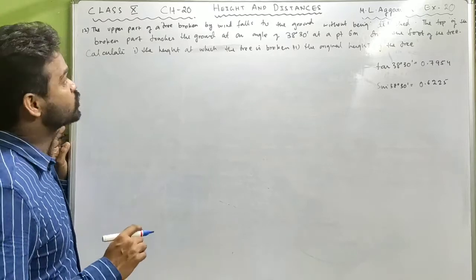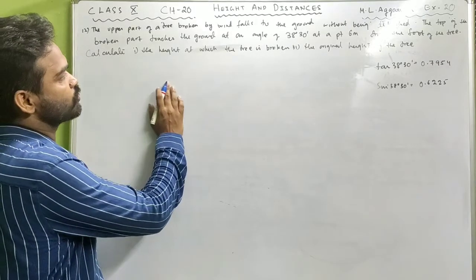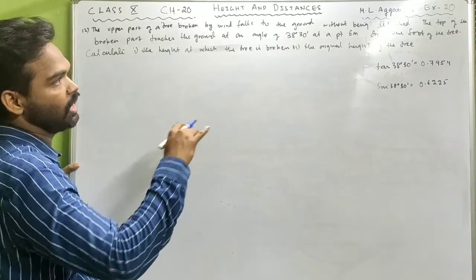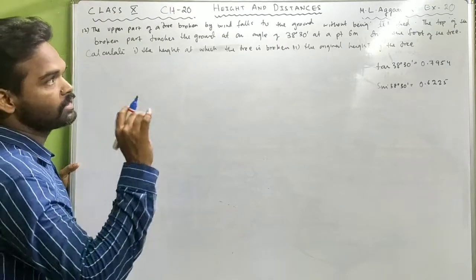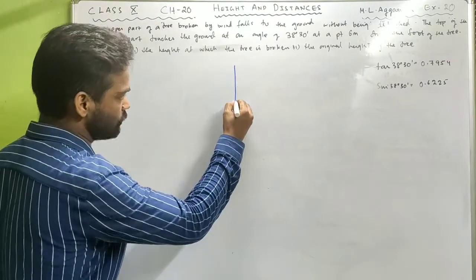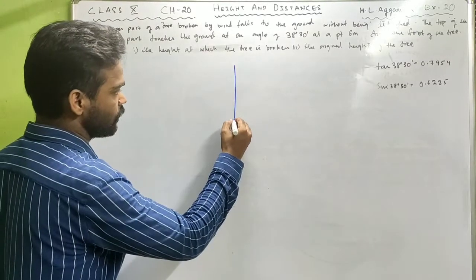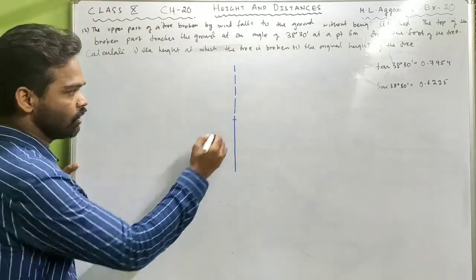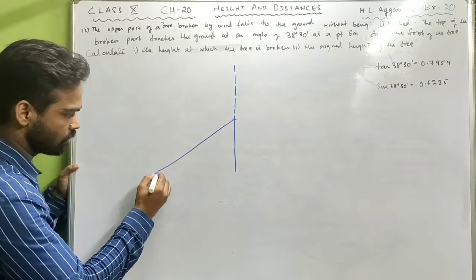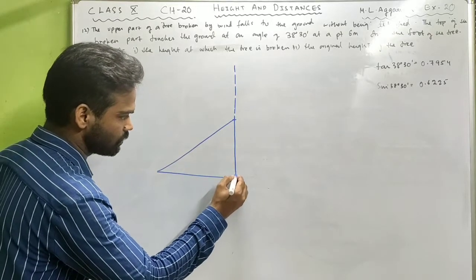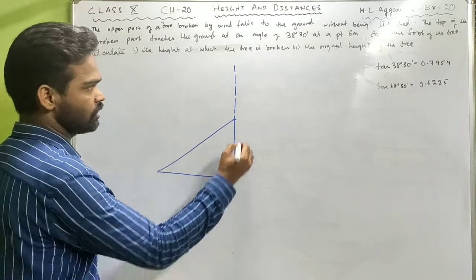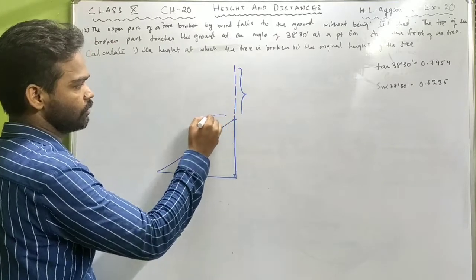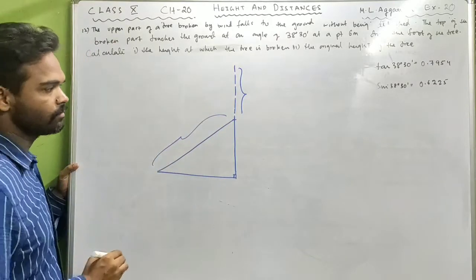Now look at sum number 12. The upper part of a tree broken by wind falls to the ground without being detached, which means there was a tree, the upper part, suppose it broke down, without being detached, this part broke down and came over here, isn't it?